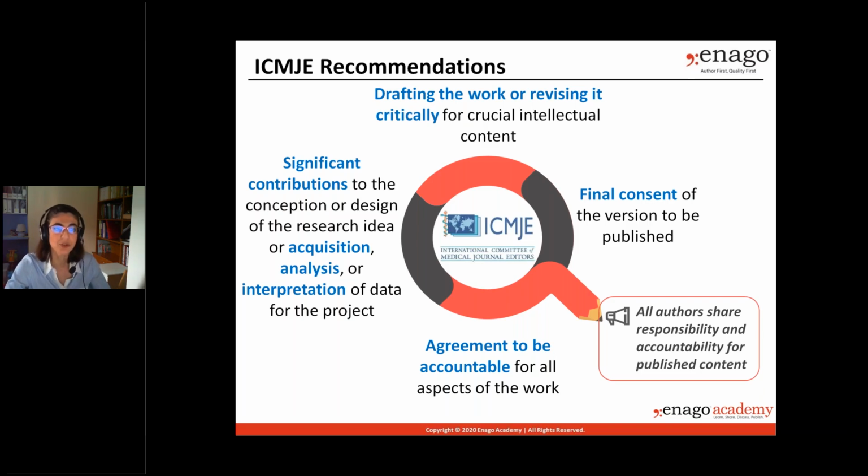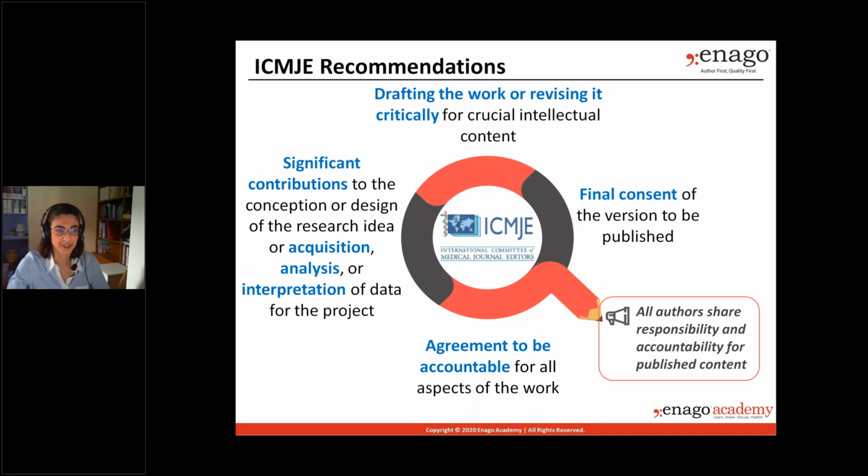They are responsible for having evaluated all the different stages of the work, having looked at the data, being in agreement with the interpretation and presentation of the data, and all the different ethical and technical processes that have been followed. So every author on this manuscript is responsible for the scientific component and the write-up of this work.